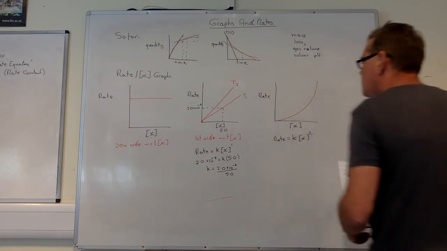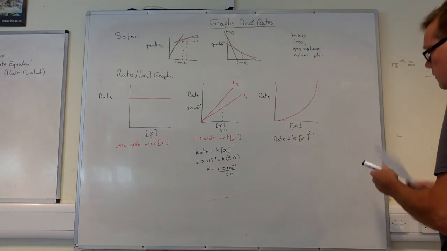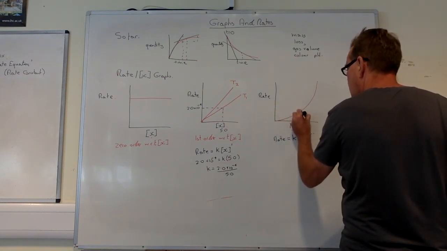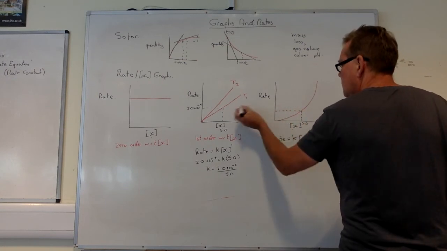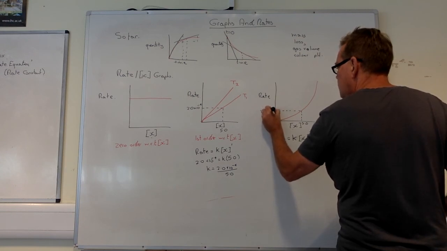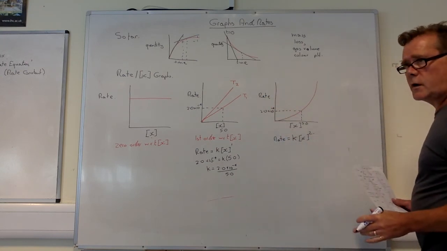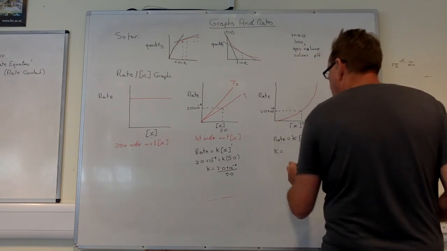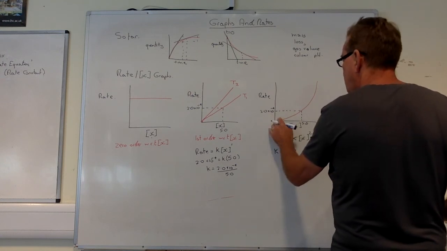Second order. So you don't get this asked very much, but in theory, you can work out the rate constant from that, no problem. Just take a concentration, exactly the same as we did over there, 5, say. Right? Track back to what the rate is, I don't know, 2.0 times 10 to the minus 4, whatever the numbers are. So it's all there for you on a graph like this, okay? And then you can put the numbers in. So K, you can calculate the rate constant, is equal to the rate, 2.0.